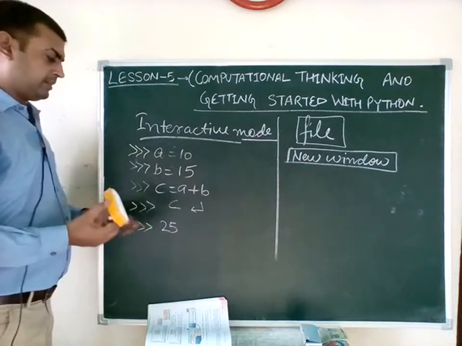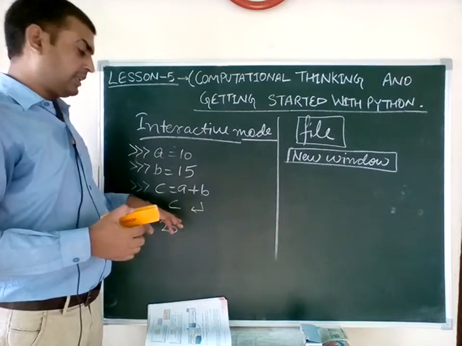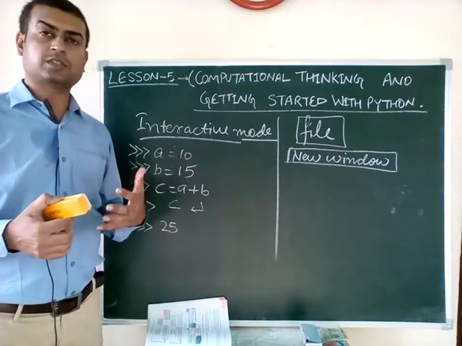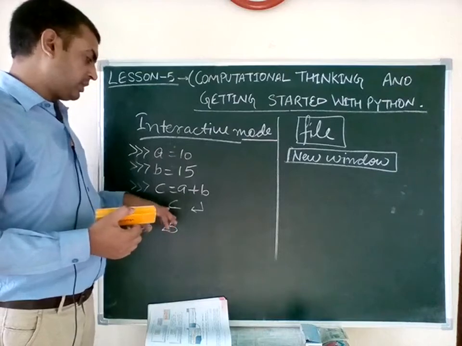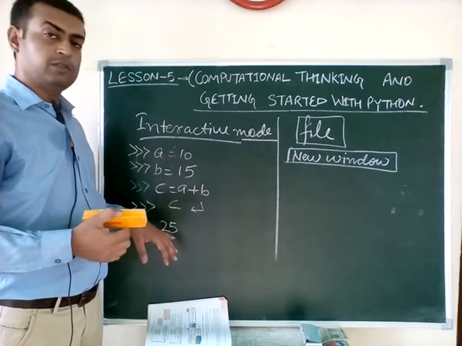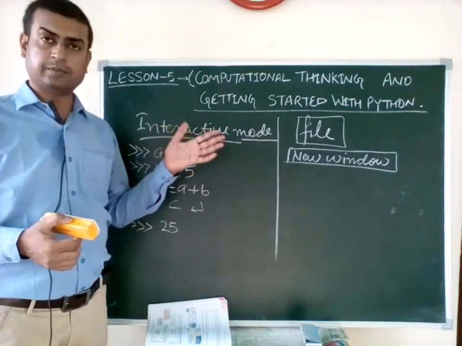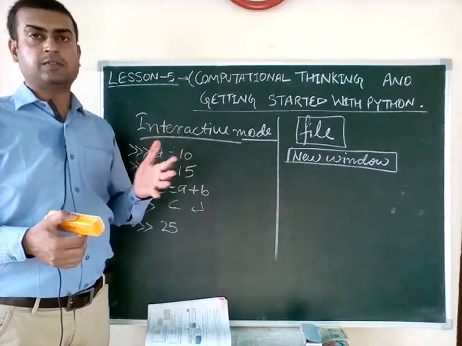If you have written c and pressed the enter key, the computer will understand what I have to show, and it will show the value of c. So here c is a plus b, meaning both numbers will be added and you will get 25. But in script mode you have to use the print function.